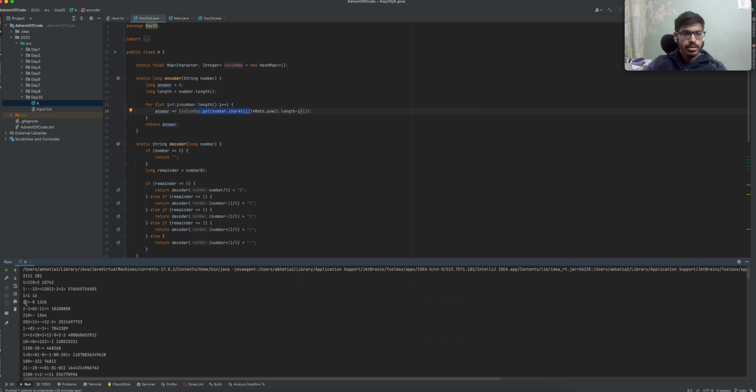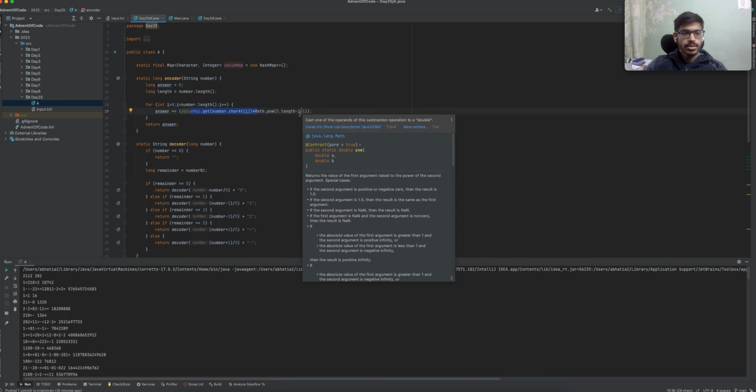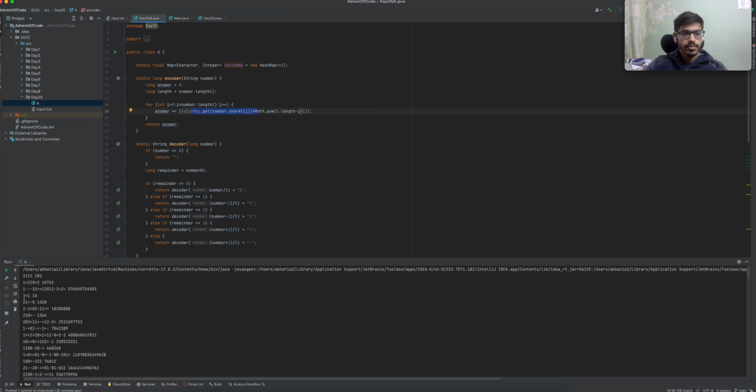Like for 1 equal to 2, the i is equal to 0 here, so the value comes out to be 1, and length is 3. 3 minus 1 is 2, so this is 25. First this is 25, minus 2 into 5, which is 10, comes out to 15, plus 1, 16. So this is how we calculate the decimal value of one number.